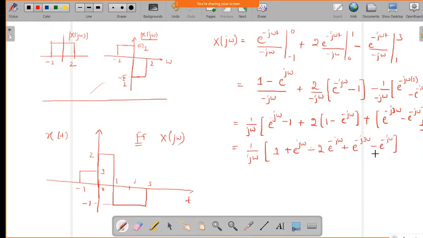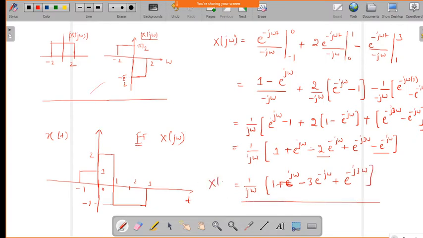Now you can add these terms. So you will get 1 over j omega into 1 plus e power j omega, minus 3 into e power minus j omega plus e power minus j3 omega. Now this is your Fourier transform of x of t.